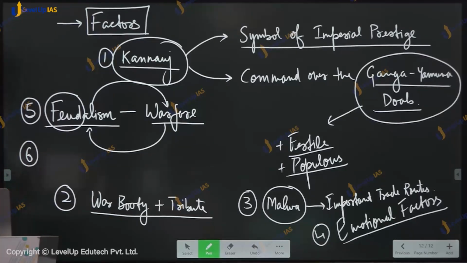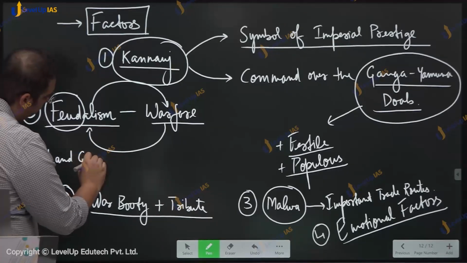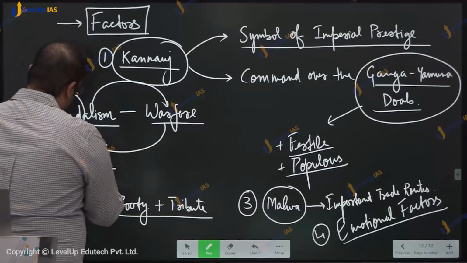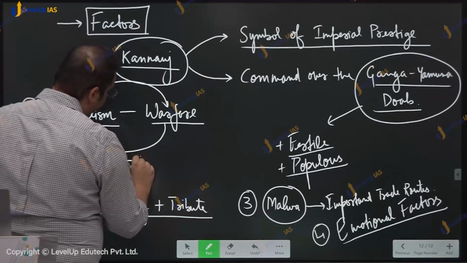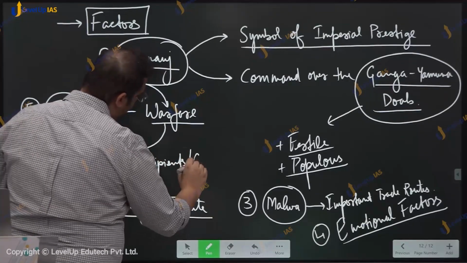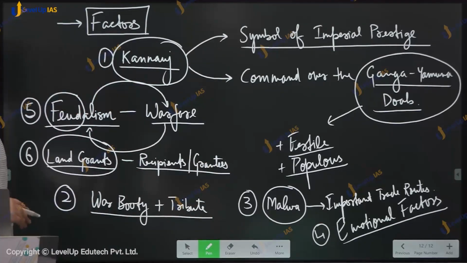Another prominent feature of this period was land grants. Who was giving land grants? Kings, other feudal lords. And who was getting land grants? Feudal lords and priestly class, temples, etc. Right? So the recipients of land grants, or the grantees, what did they want?